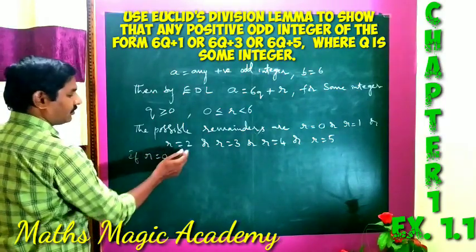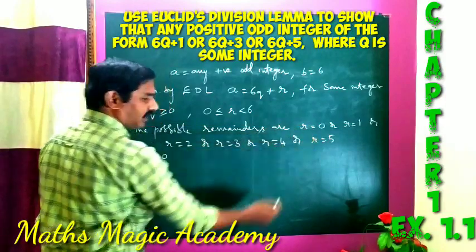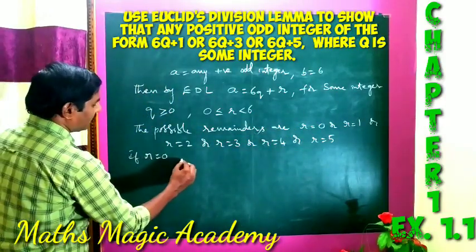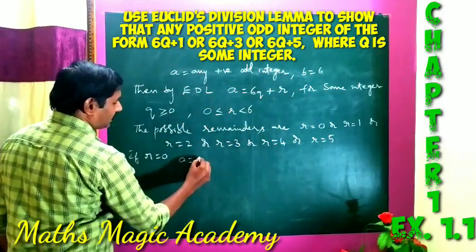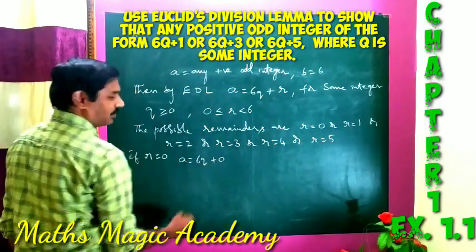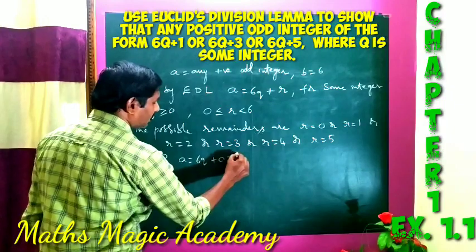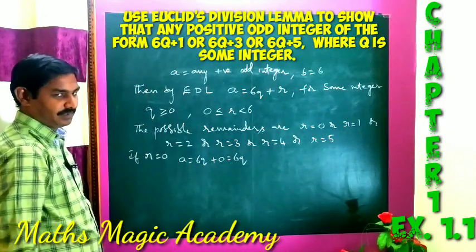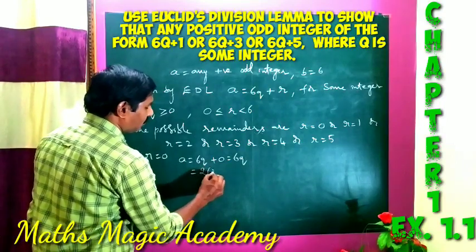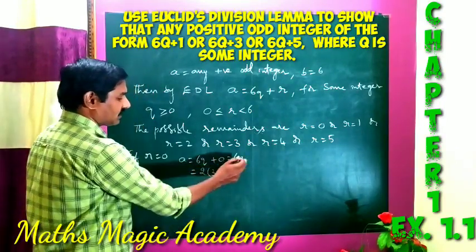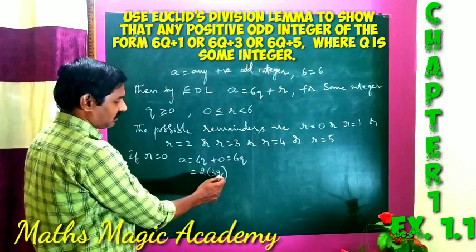If r equals 0, first of all, then a equals 6q plus r, that is 6q plus 0. That means a equals 6q. Here this 6q can be written as 2 into 3q, 2 threes are 6, into q.